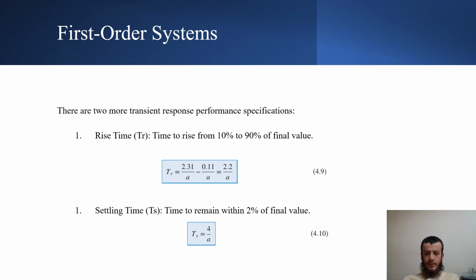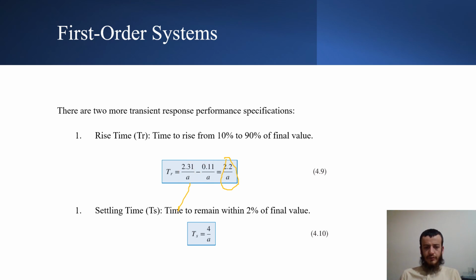When c(t) is equal to 0.9, the time will have this value, minus the value when c(t) is equal to 0.1. We find the difference between these two points, that is the result. That's what we call rise time.